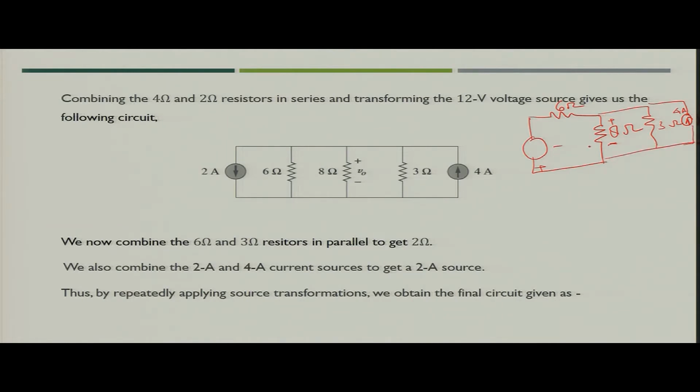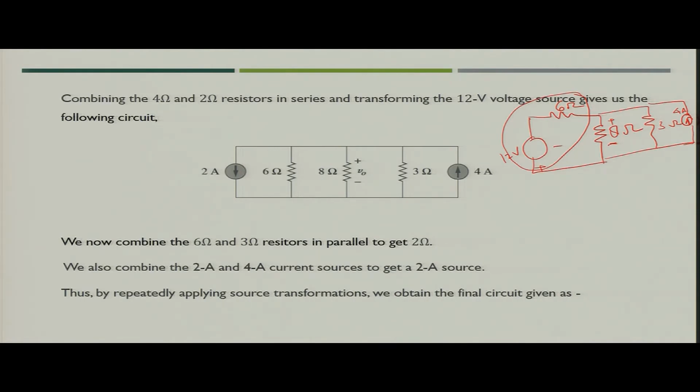Now if you see this, this is again a candidate to be transformed into a current source, because we are seeing that there is one voltage source of 12 volt in series with 6 ohm resistance. So what we will do, we will simply transform the voltage into current.